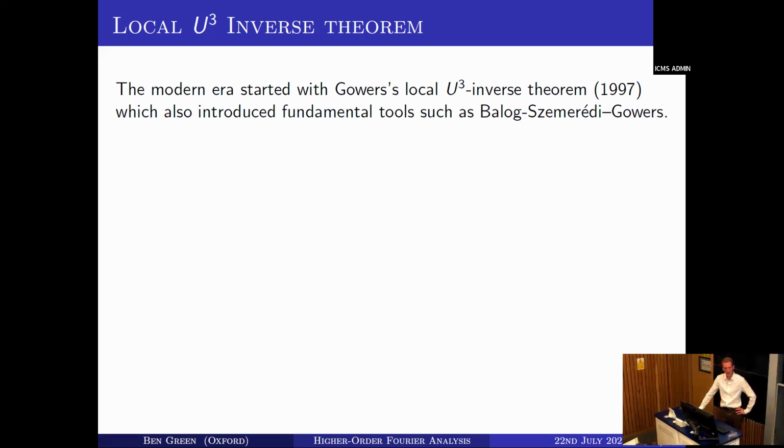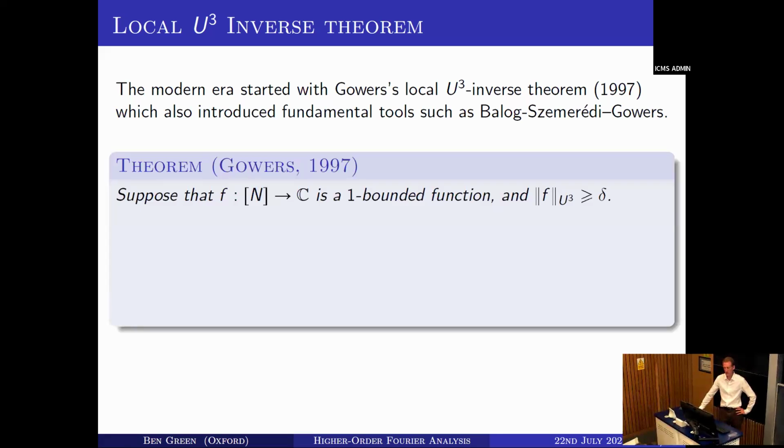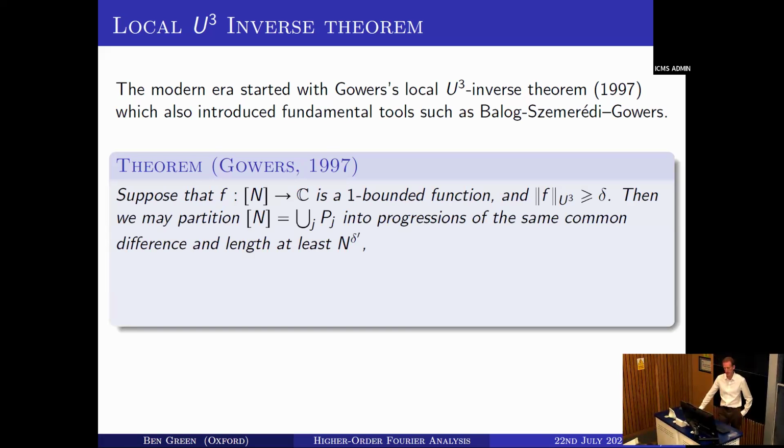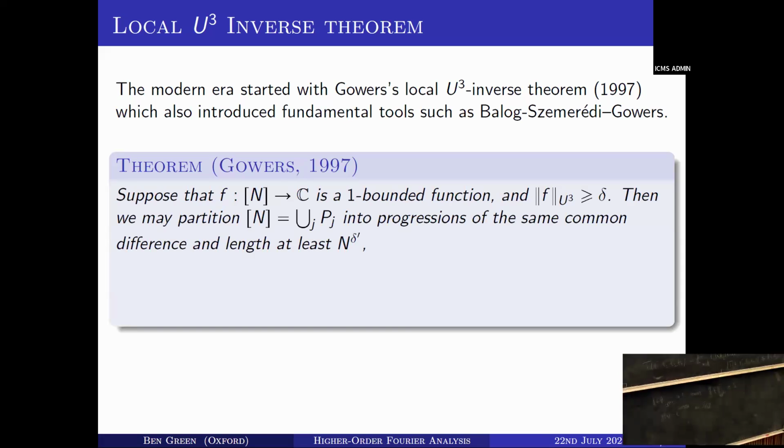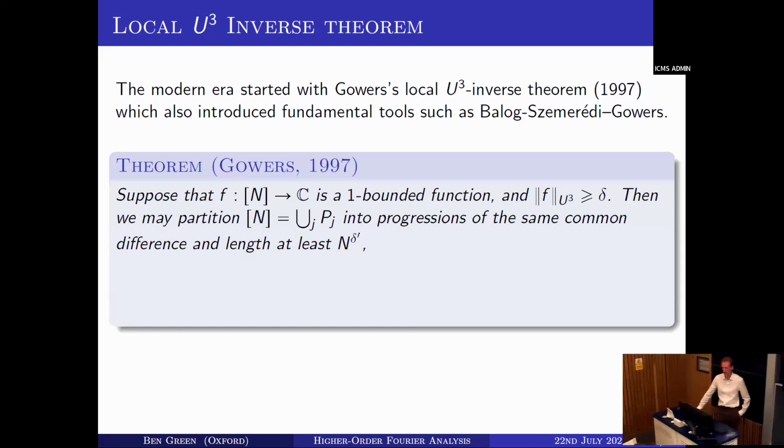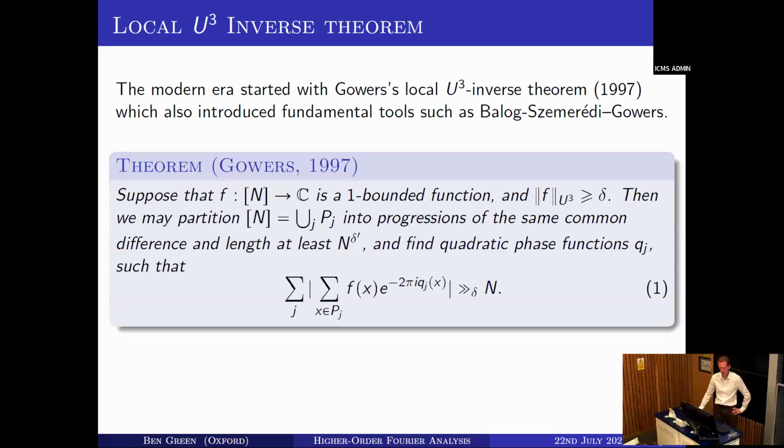So Gowers proved a local U3 inverse theorem, and here's what it states. Suppose I have a one-bounded function on [N], and it's got a large U3 norm. Then you can partition [N] into progressions, with the same common difference, and reasonably long, but not that long, so of size N to the delta prime, where delta prime is a function of delta, such that f on average correlates quadratically with quadratics on each of those.